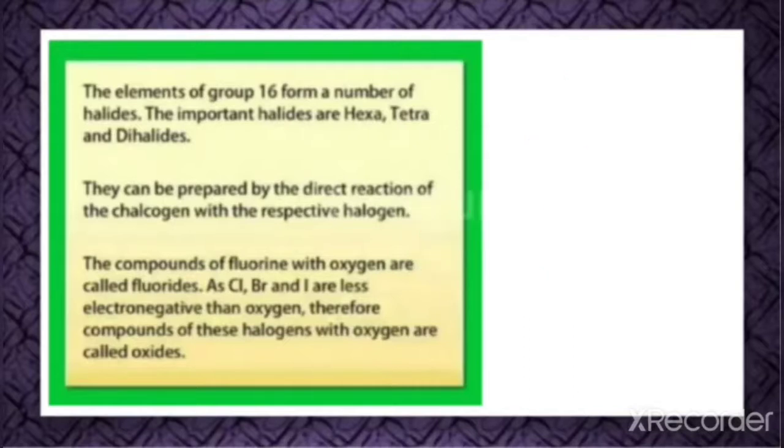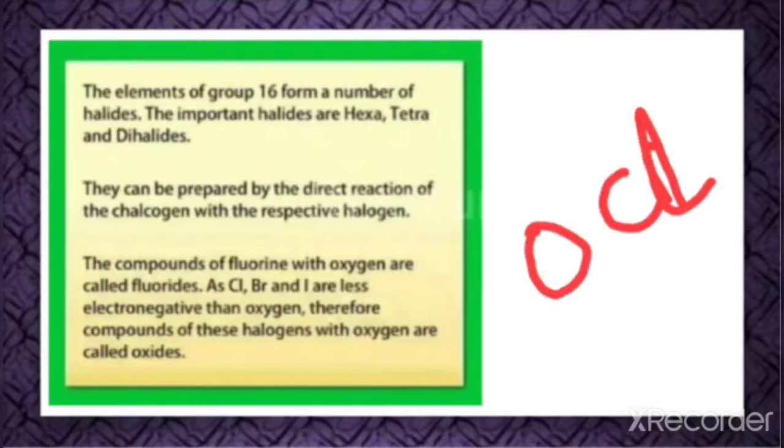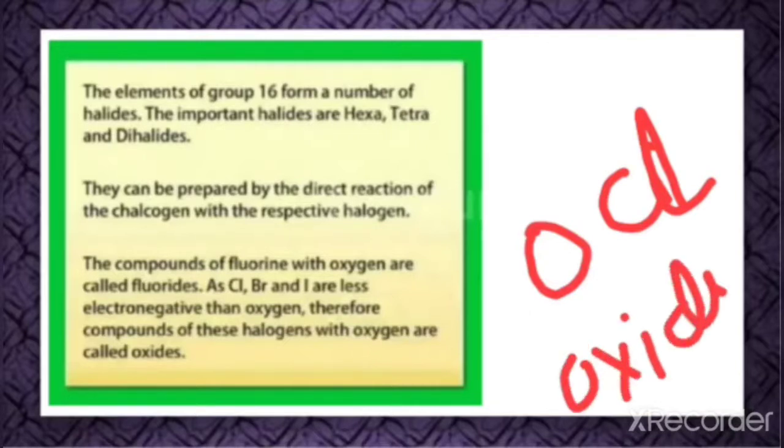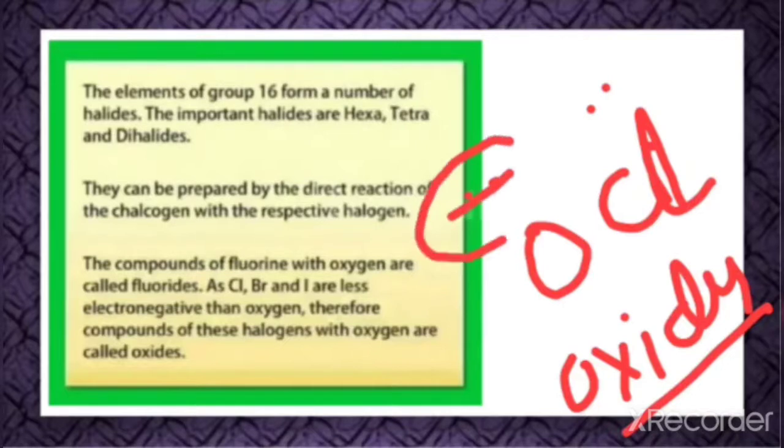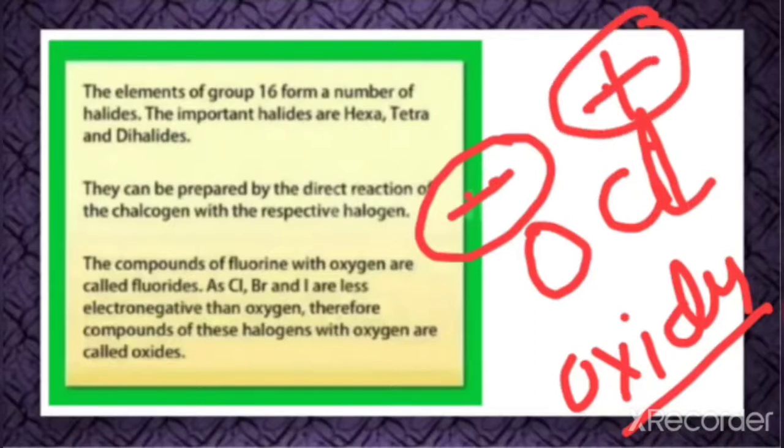But the compounds of oxygen with chlorine, bromine or iodine are called oxides, instead of halides. In this case, when you compare the electronegativity, oxygen is more electronegative, so it develops a negative oxidation state and the halogen develops a positive oxidation state.